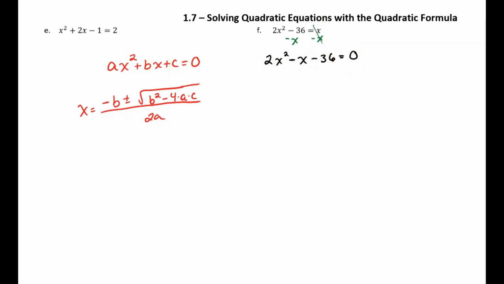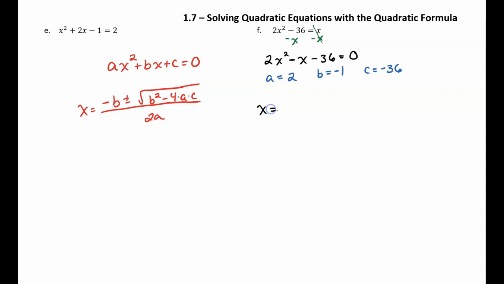Now is it in the right form? Yes, now it's good to go. So then we can pick out the a, our b value, our c value. So a is 2, b is -1, c is -36, and we can go ahead and plug into the quadratic formula. So here we go.